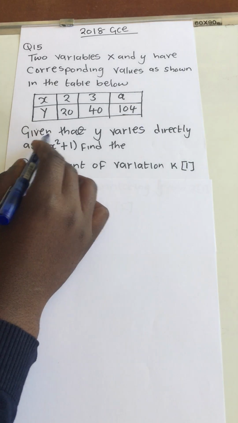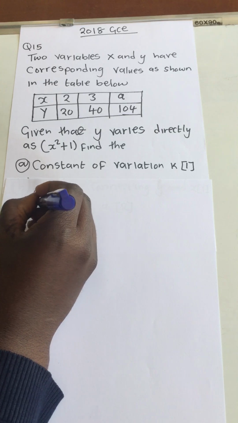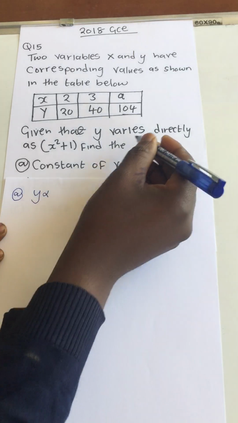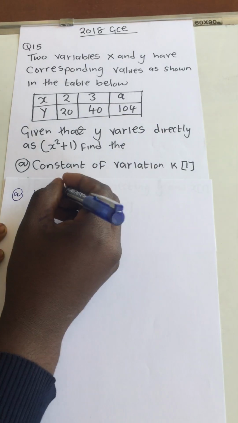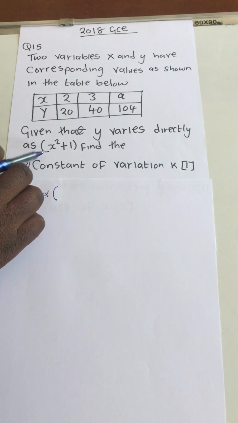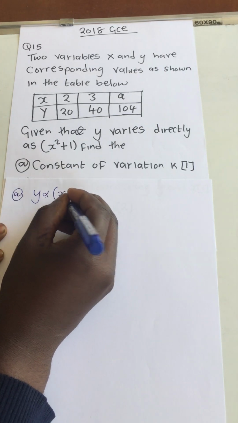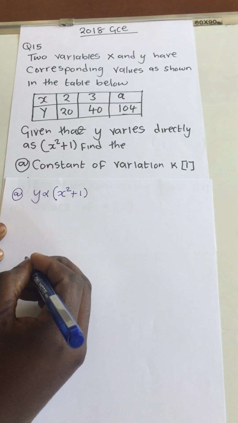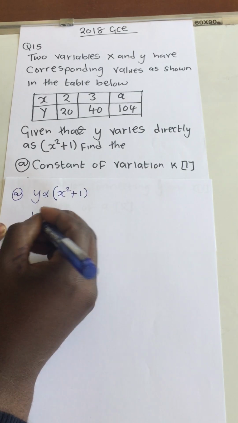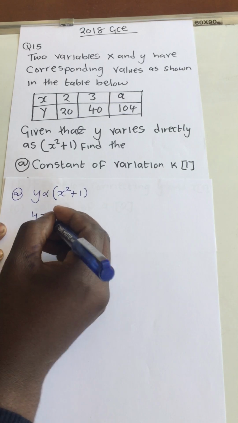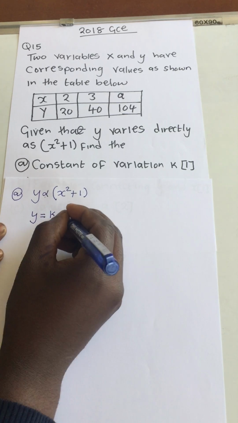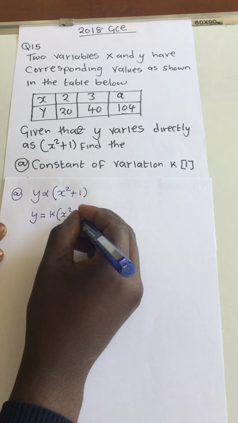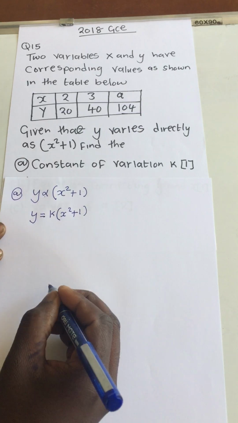You write y varies as x squared plus 1. The next step, you say y equals k, open x squared plus 1.